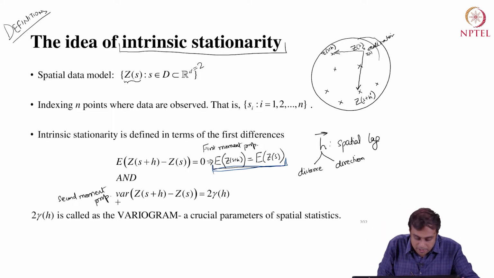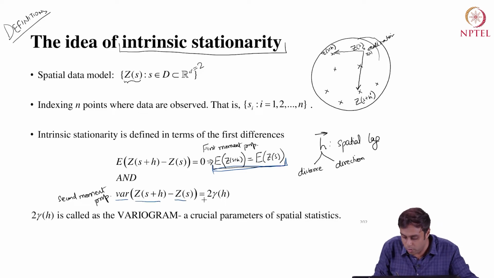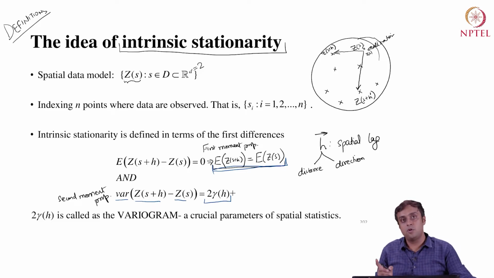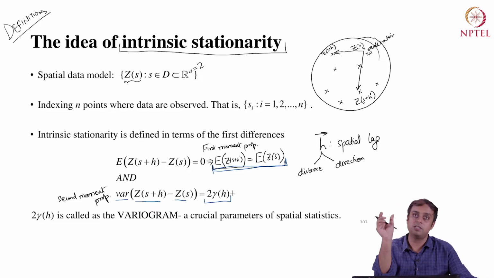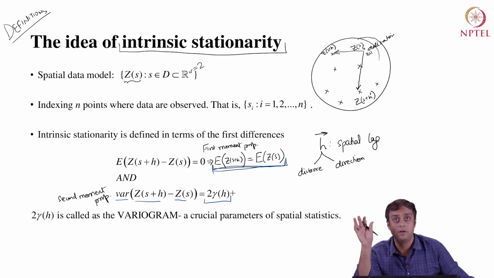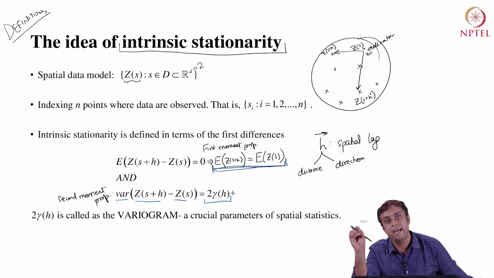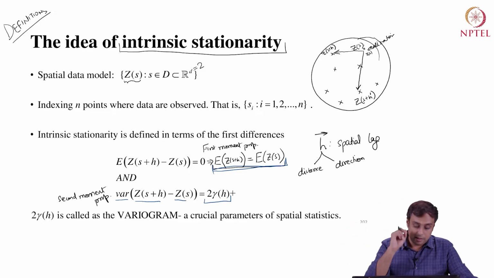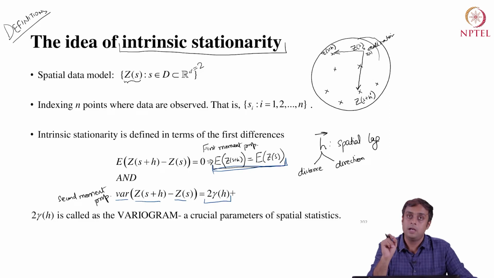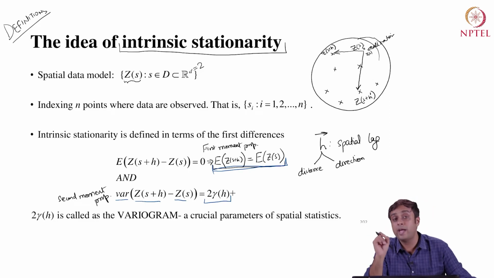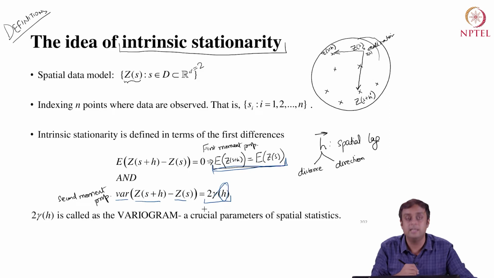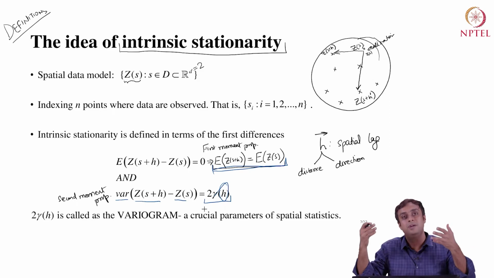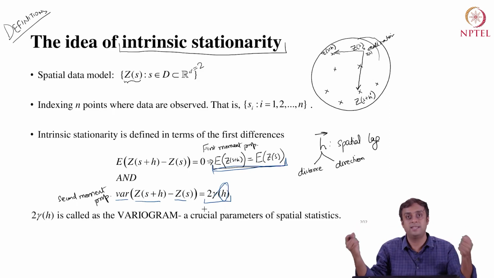Now, the second moment property says the variance of Z(s plus h) minus Z(s) is equal to what we call 2 gamma h. Where the expectation of the first difference was independent of either the value Z(s) or the lag vector h, the variance of this difference does not depend on the location, but only on the distance between the two locations S1 and S2.